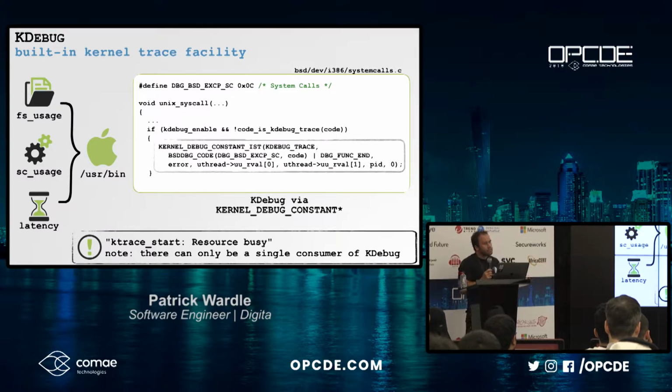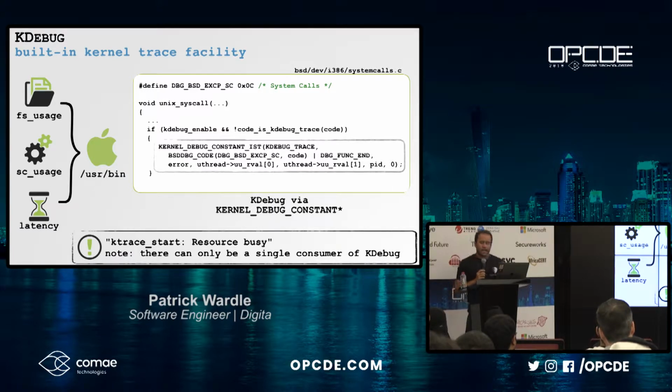They have a latency tool, another tool called sc_usage, which shows system calls, and then they have a filemon utility called fs_usage that's built into macOS. Now it's interesting that they don't use the FS events auditing mechanism. They instead decided to use kdebug, and this is because the kdebug mechanism is so much more powerful.